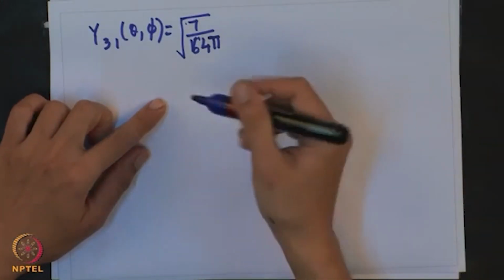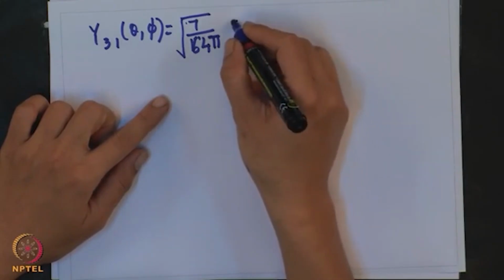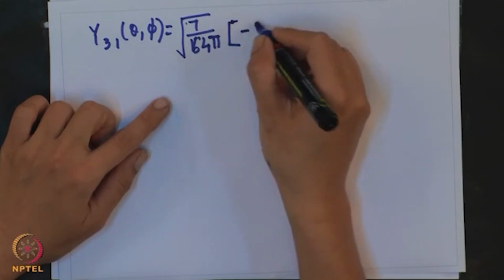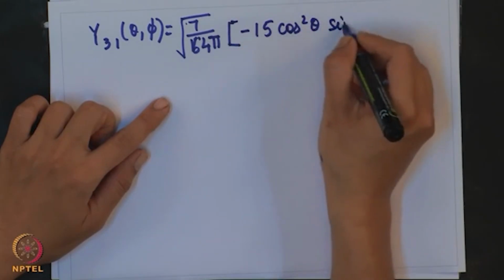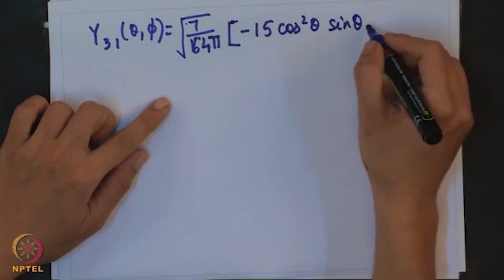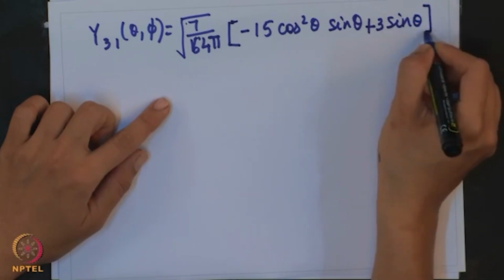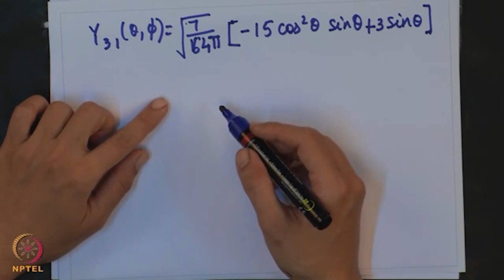On simplification, the derivative will be minus 15 cos square theta sin theta plus 3 sin theta. Just check after simplification if you get this result.